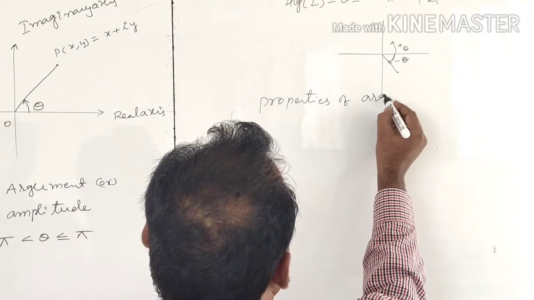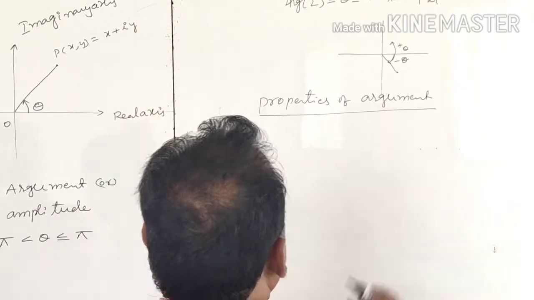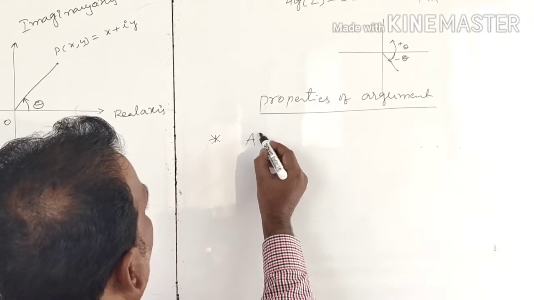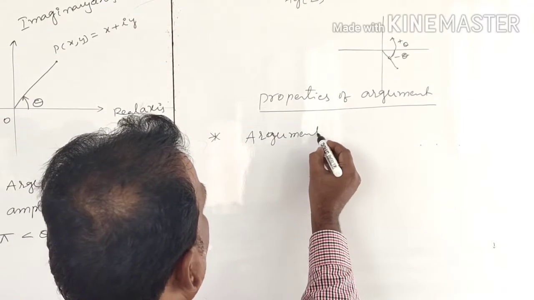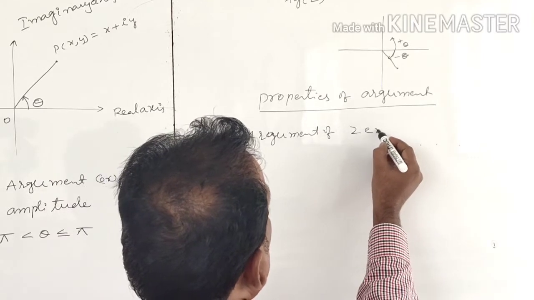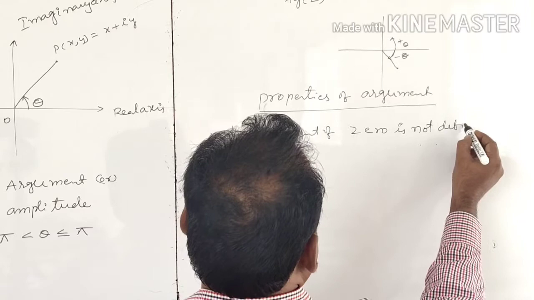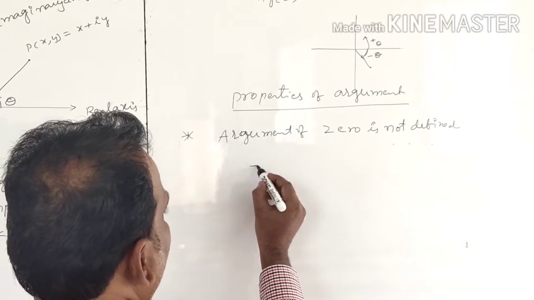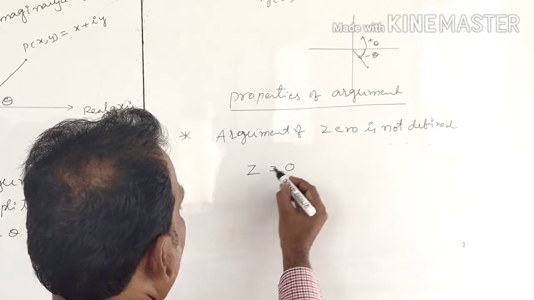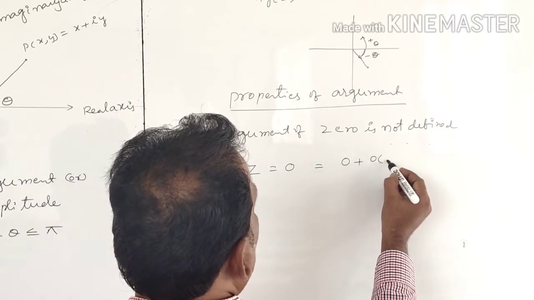Properties of argument or amplitude. First one: argument of 0 is not defined. This is very, very important. Why? I will explain with an example. Suppose z is equal to 0 is given. I can write it as 0 plus 0 times i.